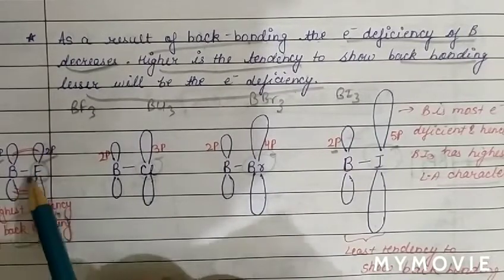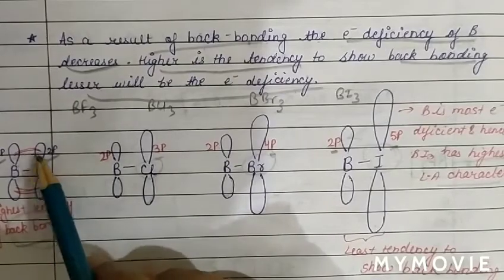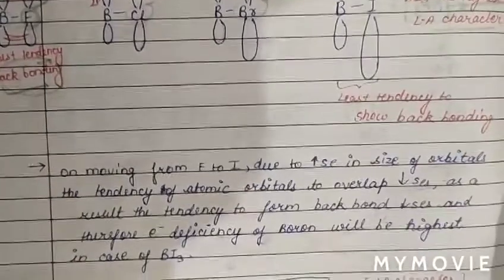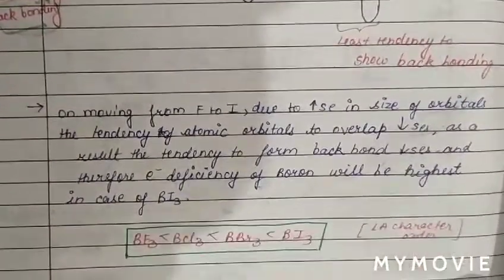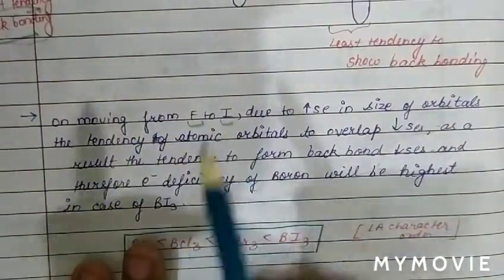Therefore BF3 is the weakest Lewis acid, because the electron deficiency of boron is completed by fluorine very effectively due to effective back bonding.